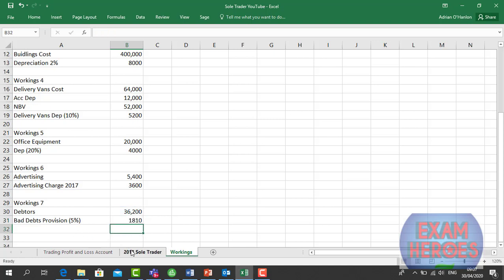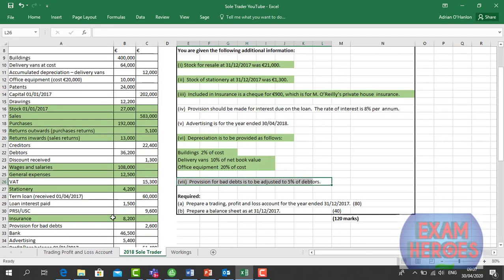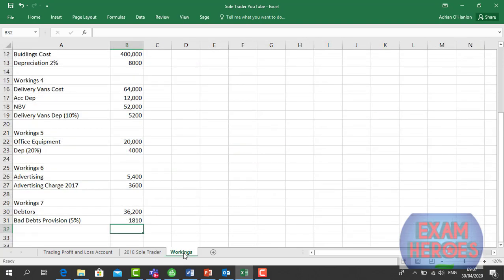Okay, but if you look here at the bad debts provision that we have so far, it's 2,600. The problem with this then is that at the moment it's too large, so that means we have to reduce it, right?